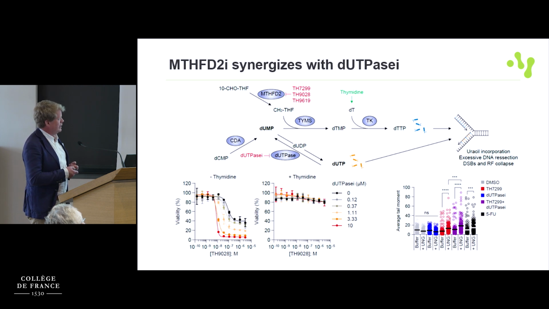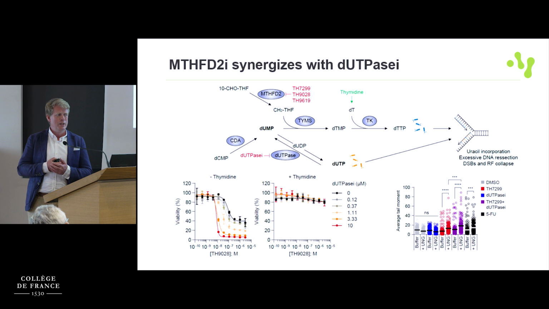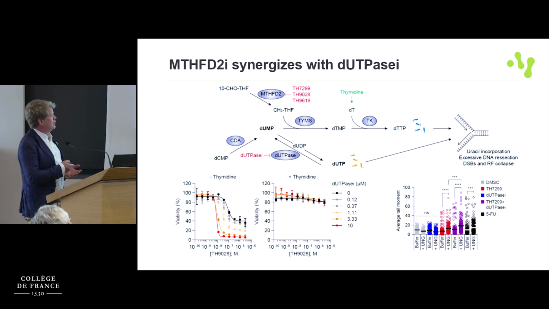And you can see here, when looking into uracil being incorporated into the DNA, that in the combination, if we inhibit both of these, we get a lot of uracil incorporated into the DNA. And that asks the question, how are these compounds toxic?